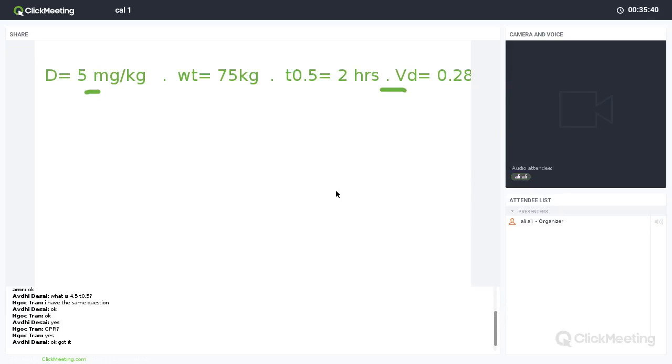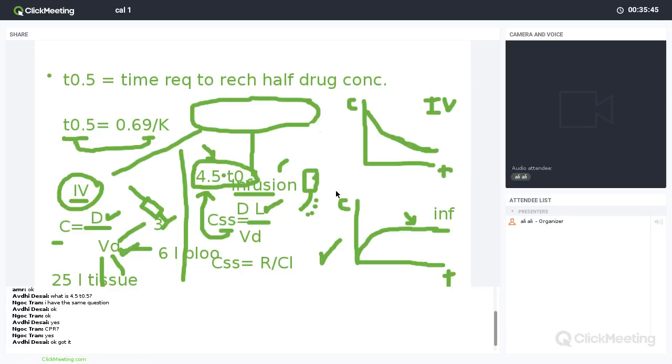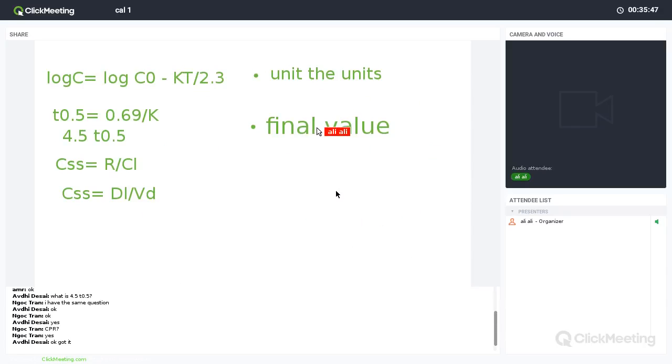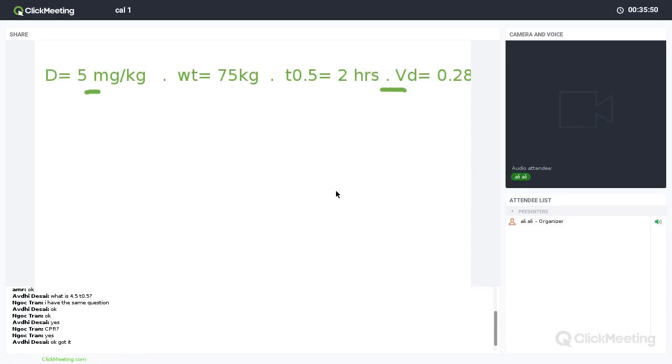The second one is to get the final value of each amount. Here, the dose is 5 milligram per kilogram. This is not the final dose amount. The dose here is known to be with milligram only, or grams only, or nanograms only, or microgram only.